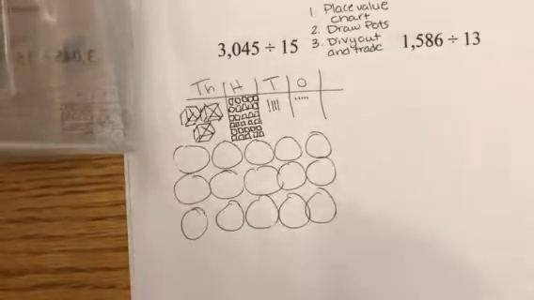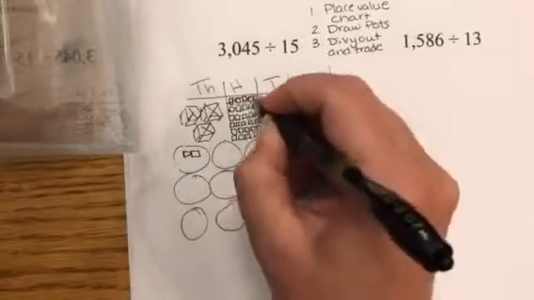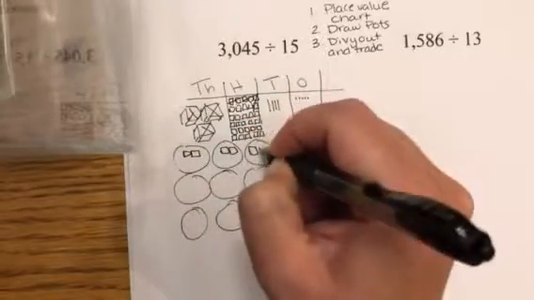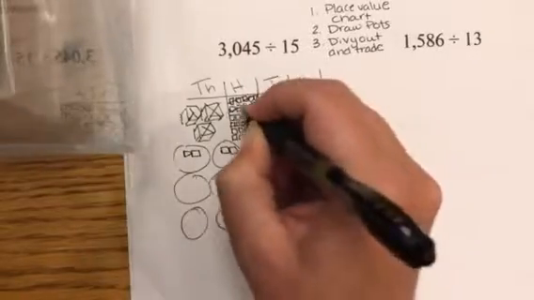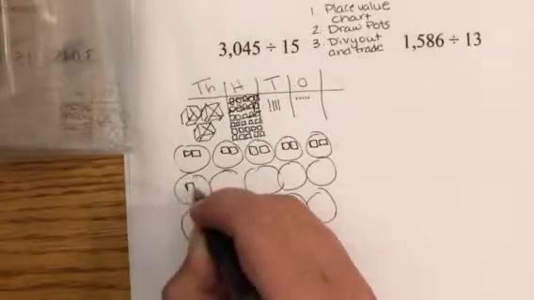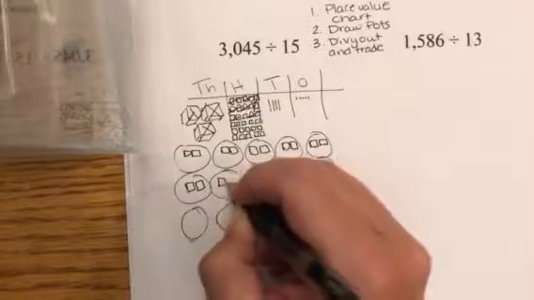I'm going to start by putting 2 in each. 1, 2, 1, 2, and so on.